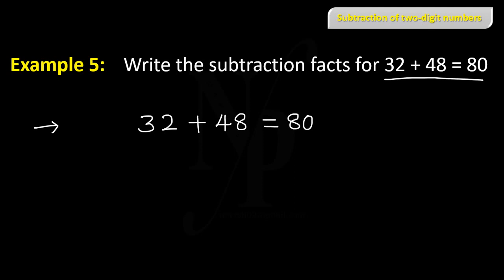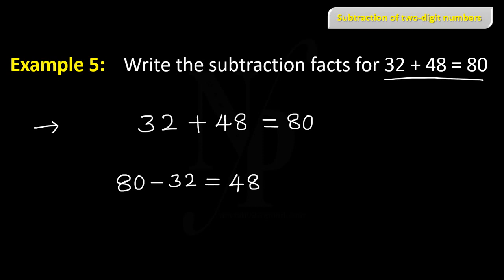The subtraction facts for this addition fact are, I will write 80 here first. 80 minus 32. If you subtract 32 from 80, you will get 48 as the difference.